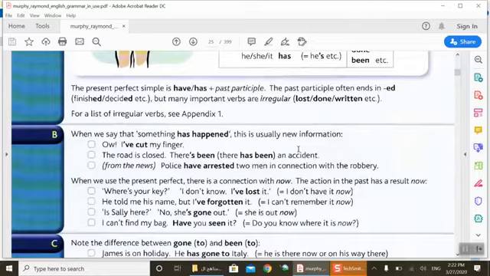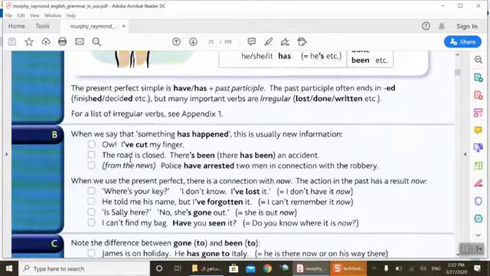If we have new information, we can use present perfect. For example, oh, I've cut my finger. Say you look at your hand suddenly and you see blood.